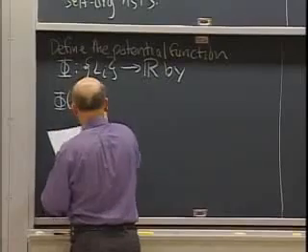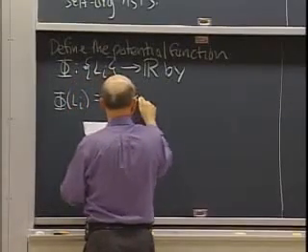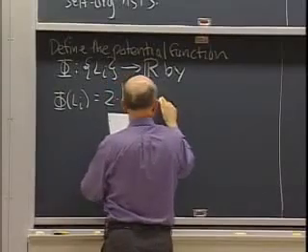Phi of L sub i is going to be twice the cardinality of this set.